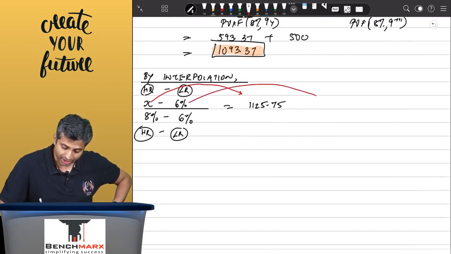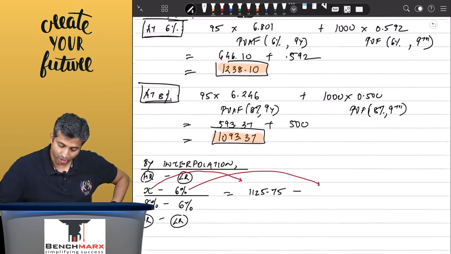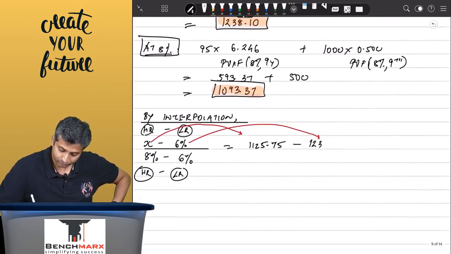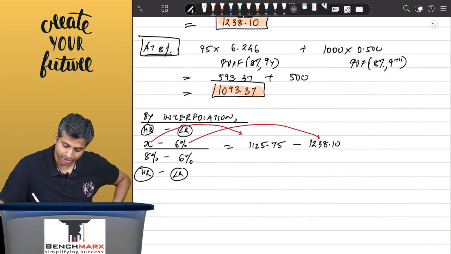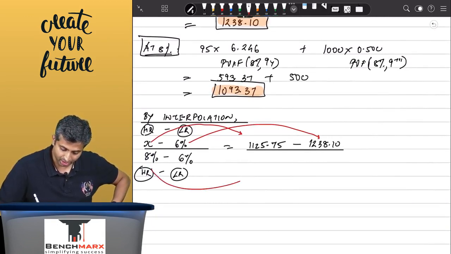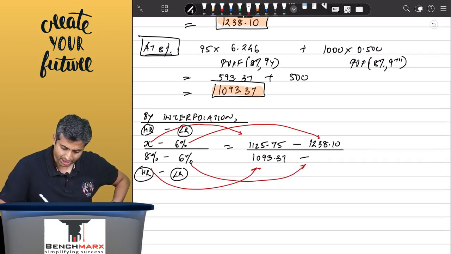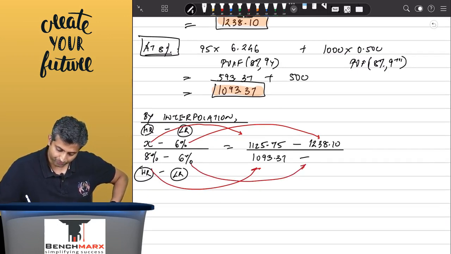At 6%, you have got, let us say, 1238.10, divided by, in the denominator at 8%, your present value is 1093.37 minus, at 6%, corresponding apples to apples, 1238.10.